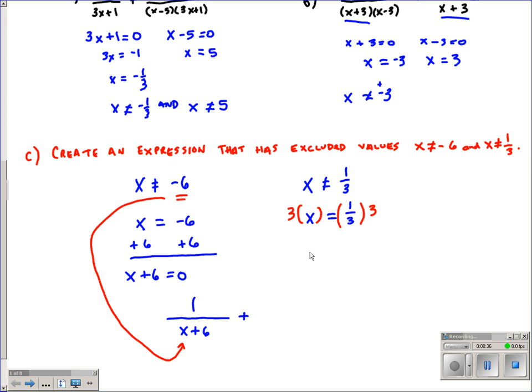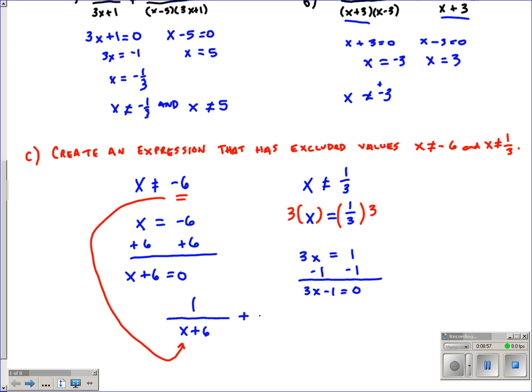And that's going to give me 3x equals 3 times 1/3, which is 1. Now to set it equal to 0, I'm going to just subtract 1 from each side. And I'm going to end up with 3x minus 1 equals 0.